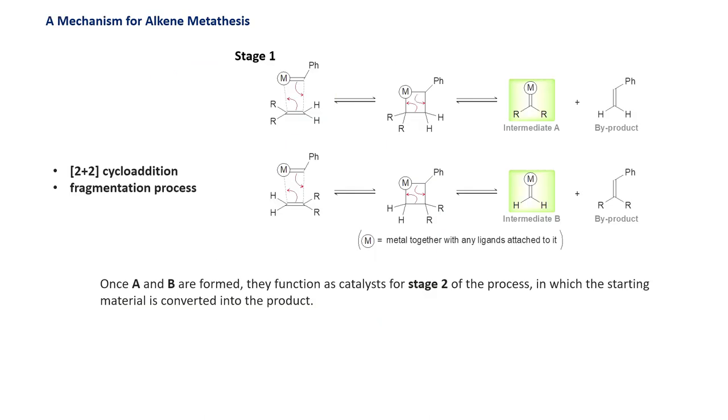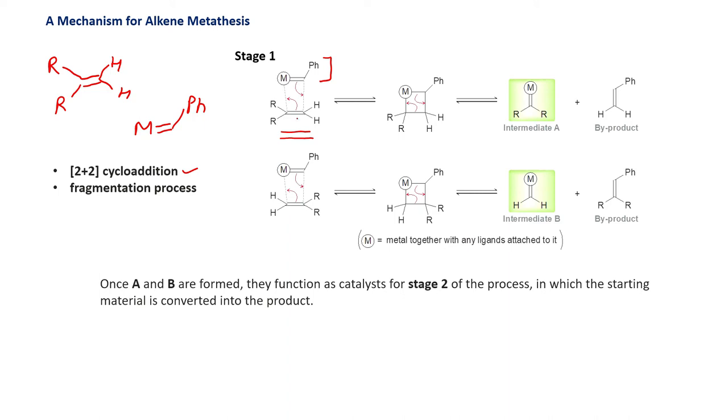If we talk about the mechanism of alkene metathesis, if your reactant is this and your catalyst is this, what will be the product formation? You will draw your catalyst first, and this is your alkene. First it will undergo 2 plus 2 cycloaddition.